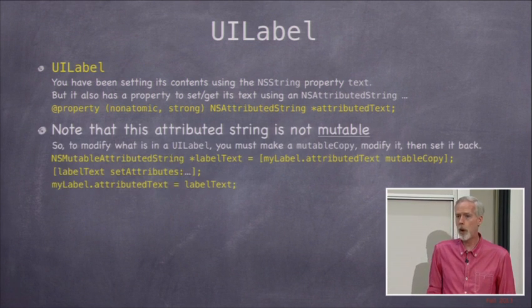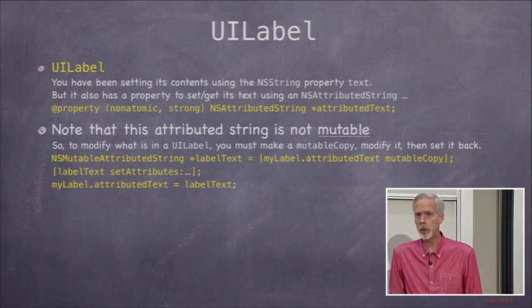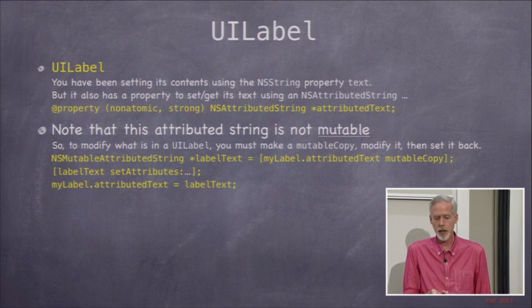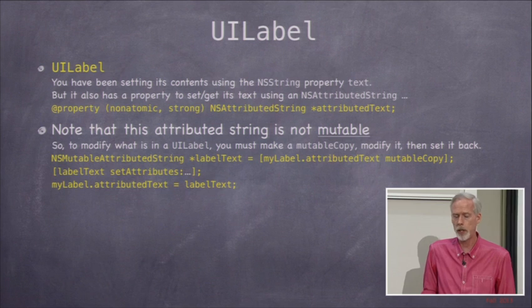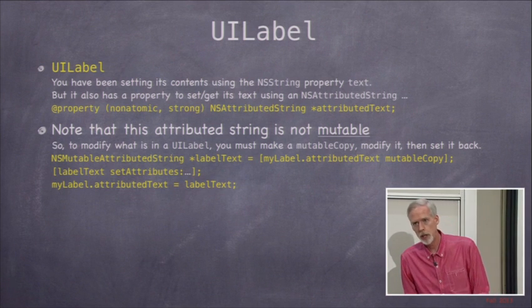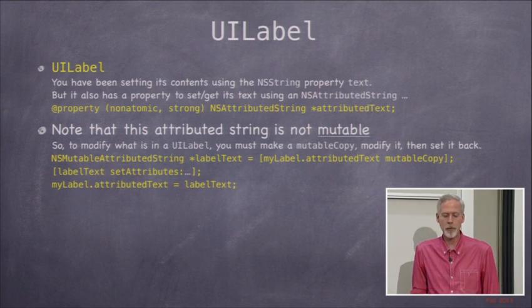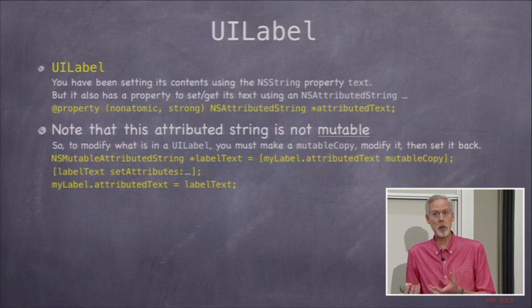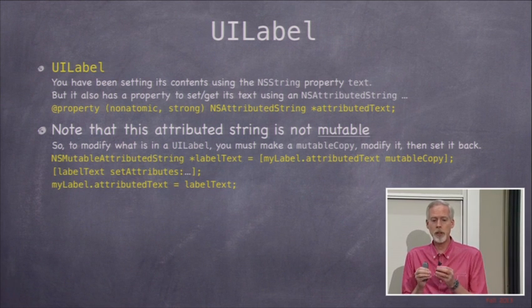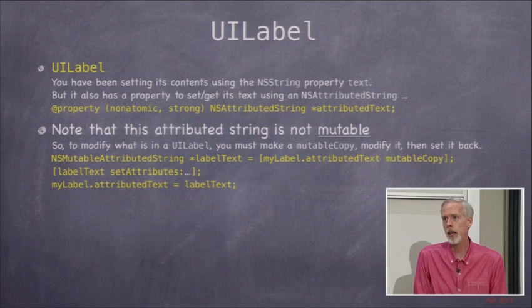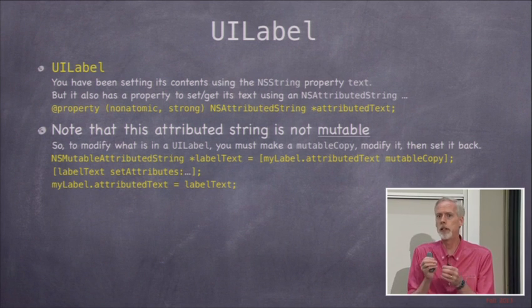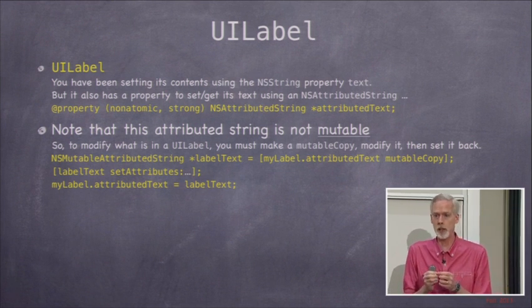Unfortunately, it's read-only. Okay, it's immutable. That property, you see it's not an NS immutable attributed string, it's an NS attributed string. So if you want to change the attributed text that's on a UI label, you have to get the label's text, make a mutable copy of it, modify it however you want, and put it back. That's if you have an existing label and you want to make it be blue instead of green or something like that.